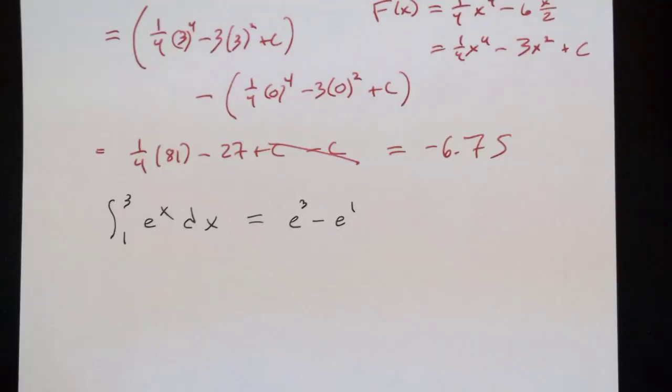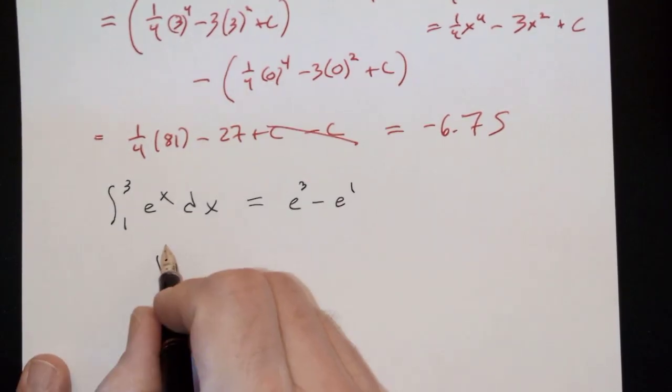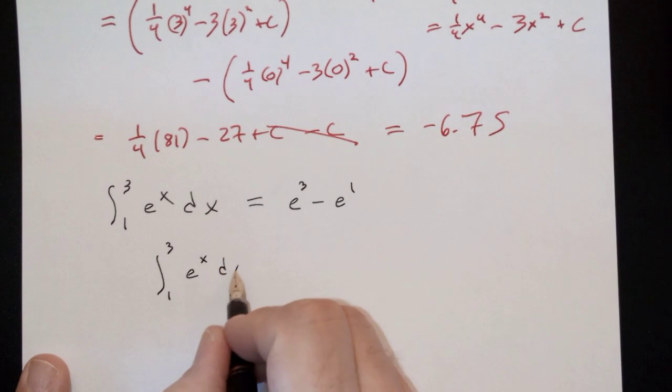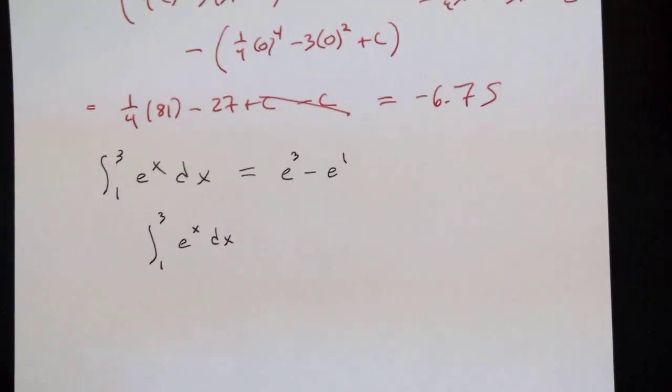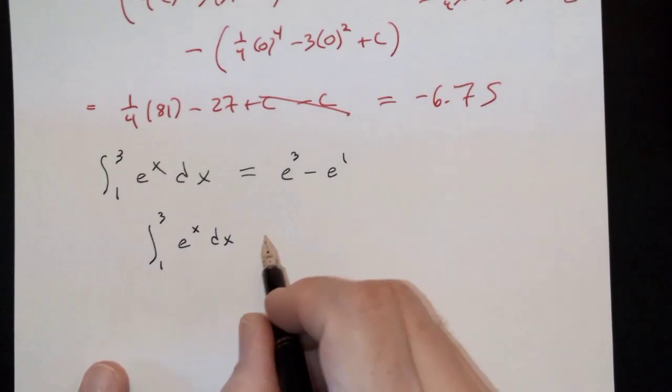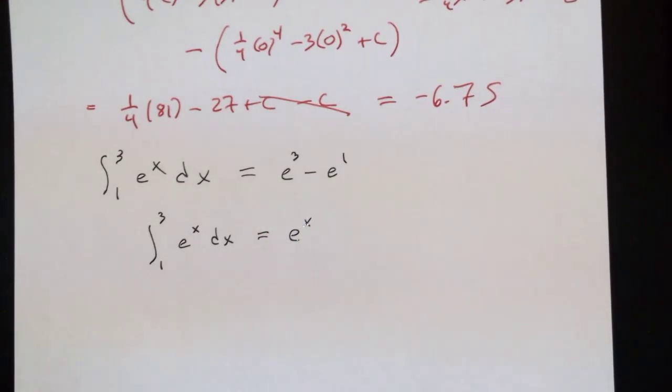Now, frequently, I will write something like this. When I said, what's the antiderivative? You all said e to the x. So I'm just going to write down e to the x. Then I need to tell myself, oh, you need to plug in those two numbers. When we did derivatives, we used a vertical bar. I wrote d dx, and then I evaluate. So let's use that vertical bar again.